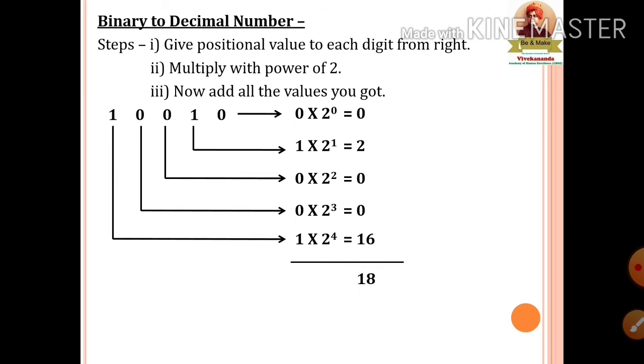So the number 10010 has its equivalent number in the decimal number system as 18, and it is represented like this.